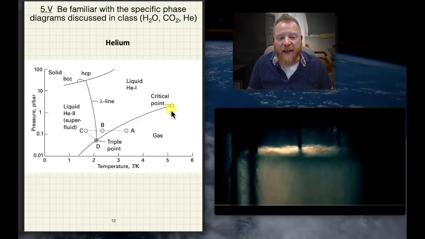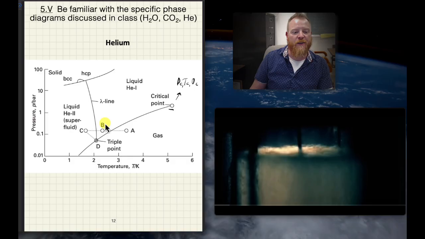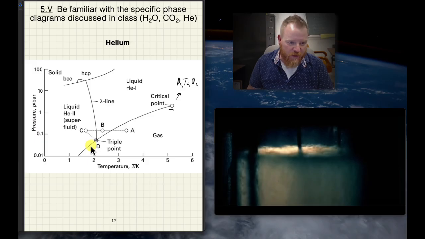We'll note here that helium also has a critical point corresponding to PC, TC, and VC. But now you'll notice that there's this interesting thing going on here in this phase diagram called the lambda line. And the lambda line exists because it looks like a lambda, right? I can kind of draw a Greek letter lambda right there.